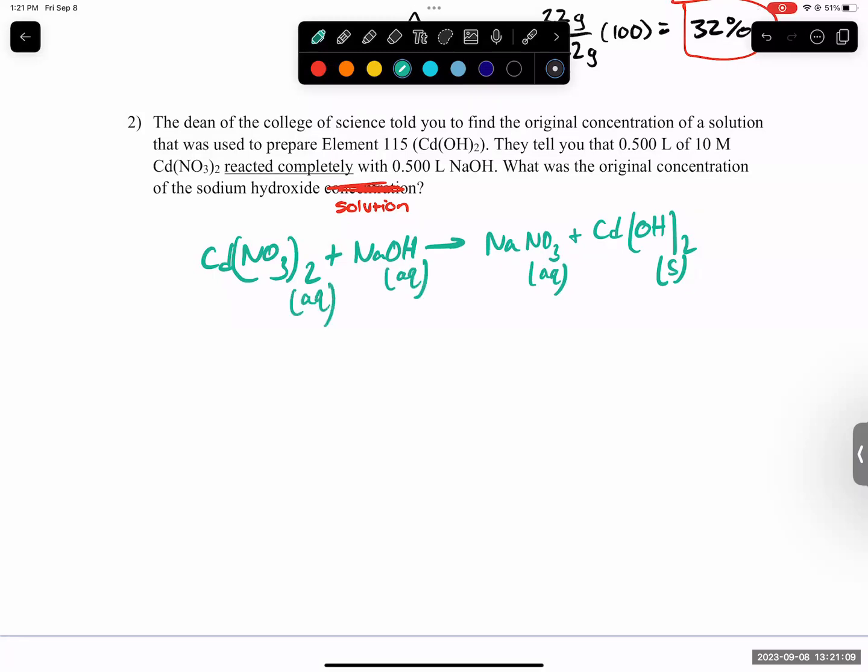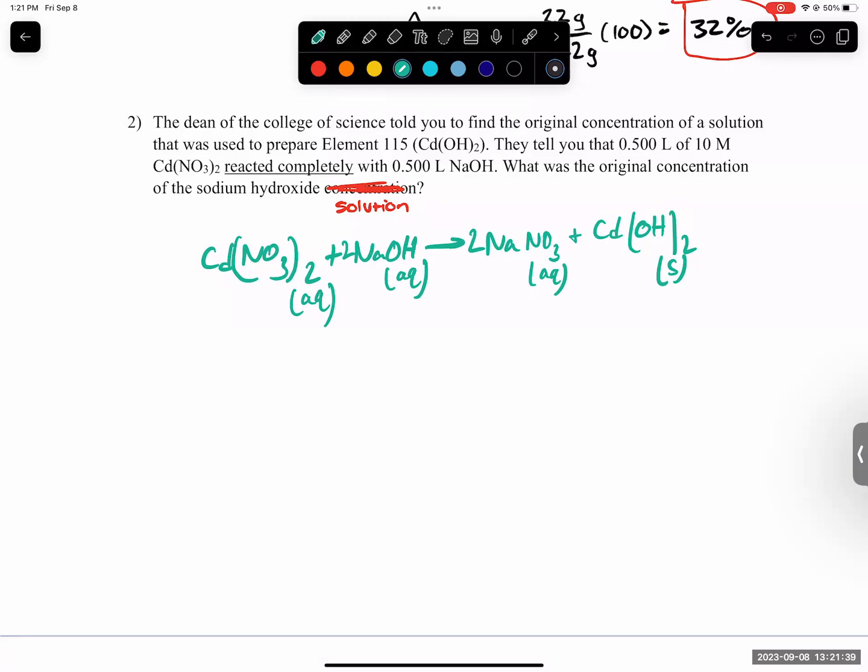Right. Is this equation balanced? How do I balance it? 2 to the NaOH. So let's check. 1 cadmium, we're good. 2 nitrates, good. 2 sodiums, we're good. 2 hydroxides, 2 hydroxides.